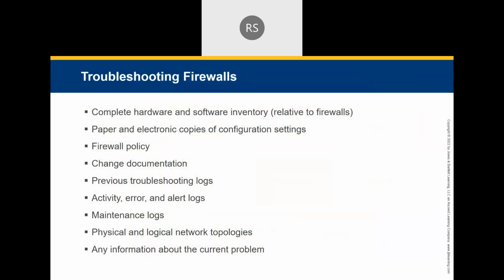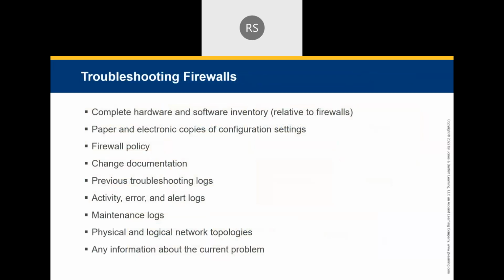So when you're troubleshooting your firewall, one thing you'll do is complete a hardware and software inventory relative to the firewalls. So you document all the hardware and software components that are relevant to the firewall. This includes models, versions, and configurations.